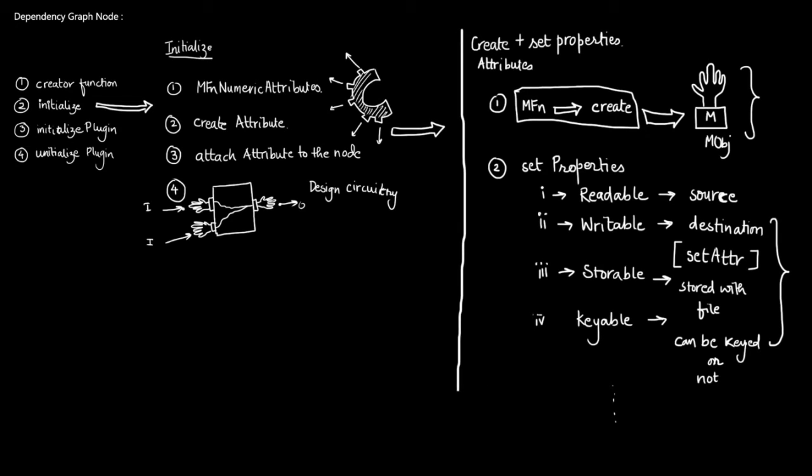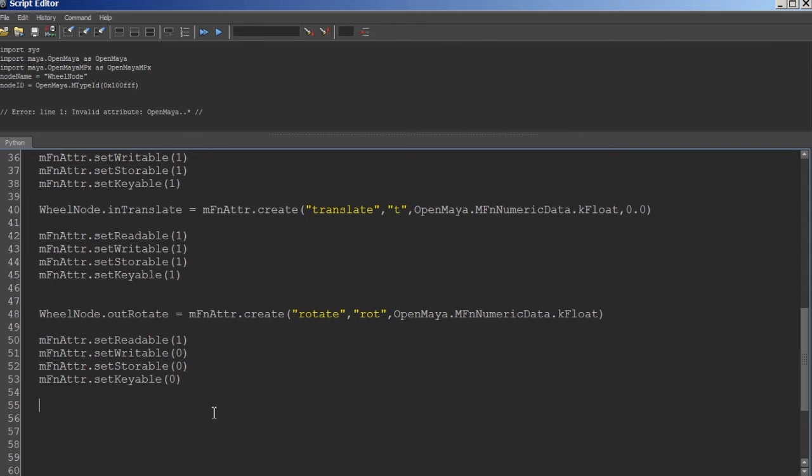We have come back to this section, and we have already used our function set, we have already created our attributes. Now we want to attach those attributes to the node. How we can attach the attributes to the node is, we are going to use our wheel node class dot a function called add attribute. And which attribute do we want to attach?